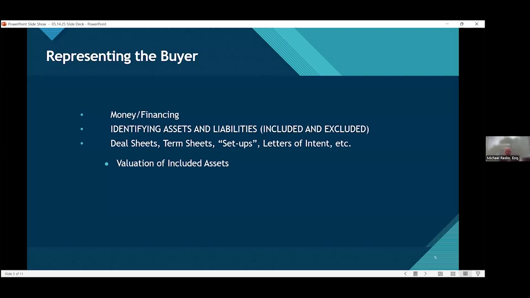So I already talked about identifying the assets and the liabilities, what's included and what's excluded. You might get some document from a broker, or from the parties, that has a list of what's being sold and what's not being sold.